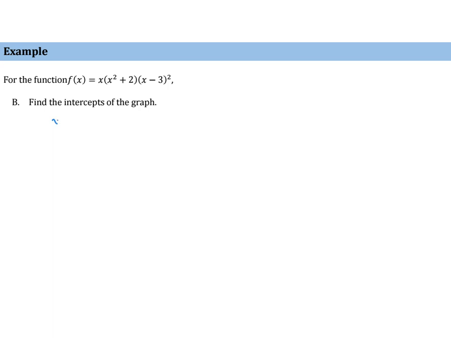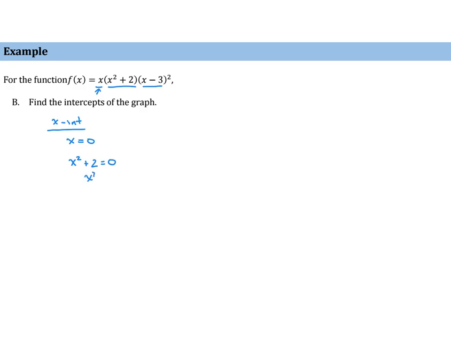Now let's find the x-intercepts. So now for x-intercepts, let's take a look. We are looking at these factors. If we're looking at the factor of x, then we know that the x-intercept would be x equals 0. What about x squared plus 2? X squared plus 2 equals 0 is not a linear factor.